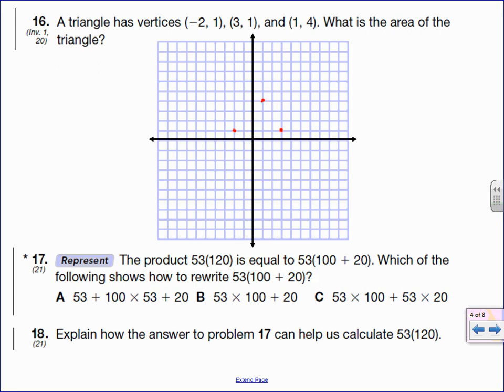Okay, we can connect the dots. So this is a right triangle, it would appear, with the right angle being over here.